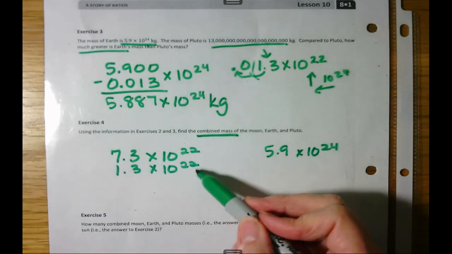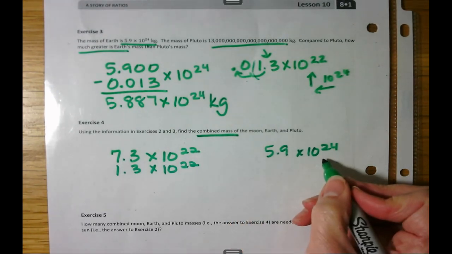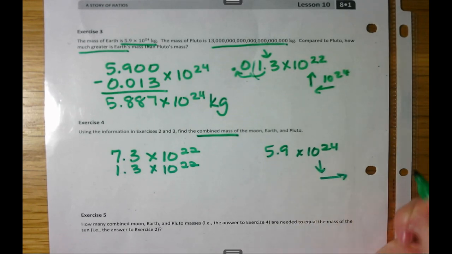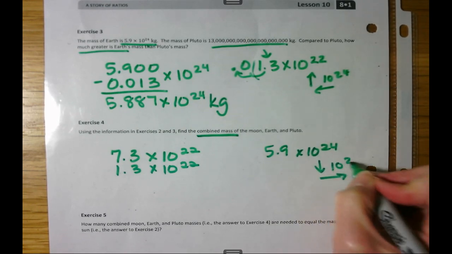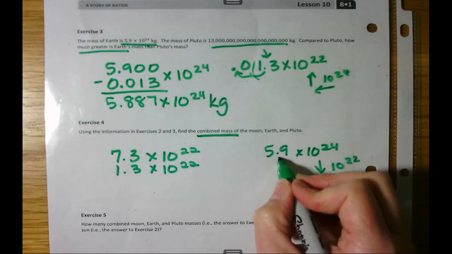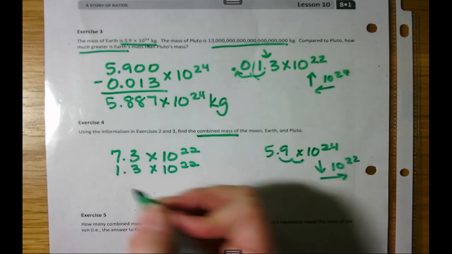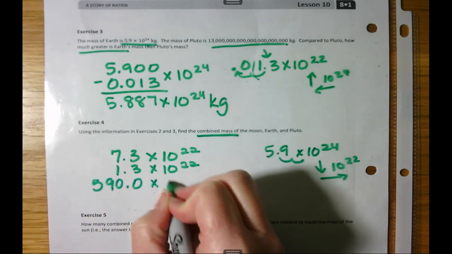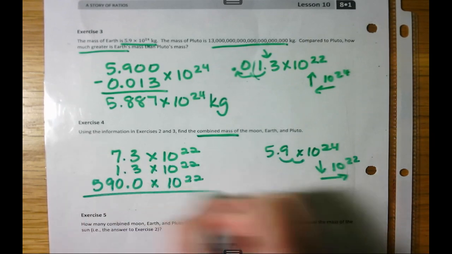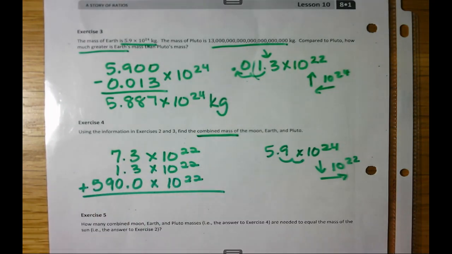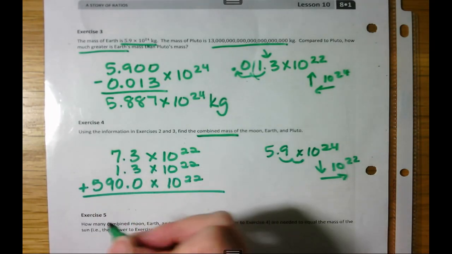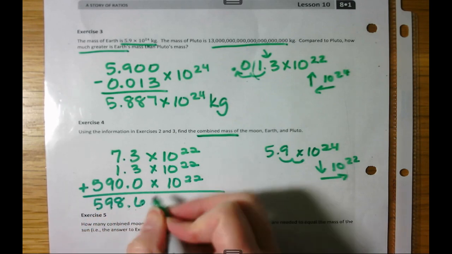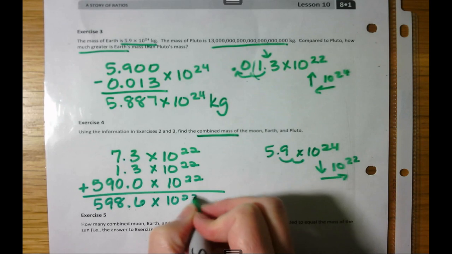So since these 2 are already 10 to the 22, I'm going to change this one to, I'm going to decrease, move the decimal to the right, and make this 10 to the 22nd. 1, 2. So that means that over here, I'm going to write 590 times 10 to the 22. And since these are combined, I'm going to add, and that will give me 598.6 times 10 to the 22.